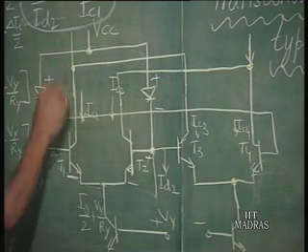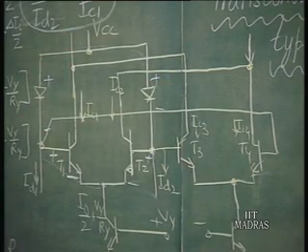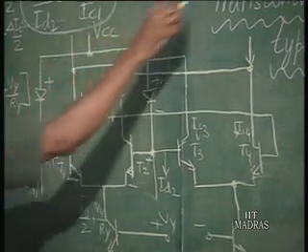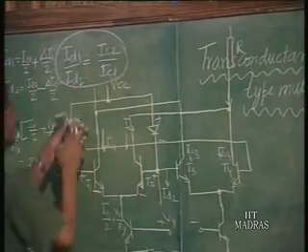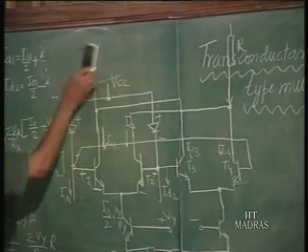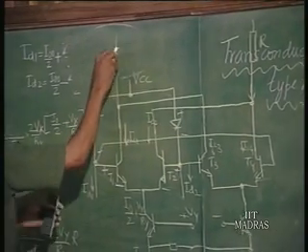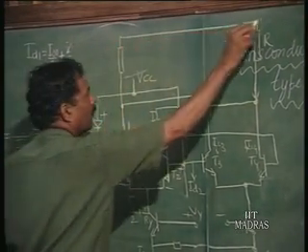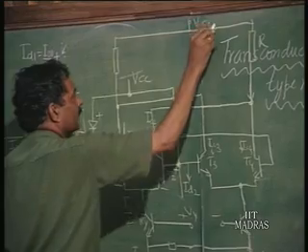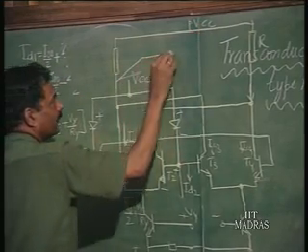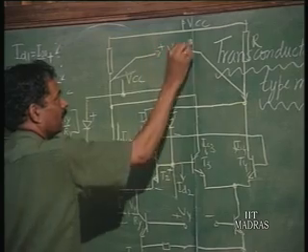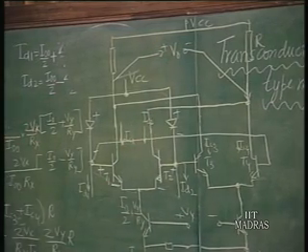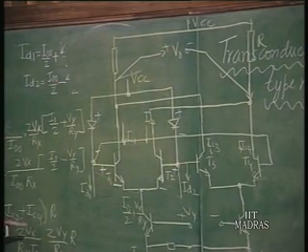So, this current is going to be IC1 plus IC3, and make these flow through resistances R, connect it to VCC and take the differential output voltage V naught. That is going to be nothing but this.